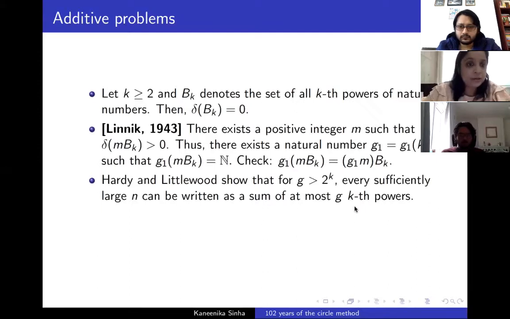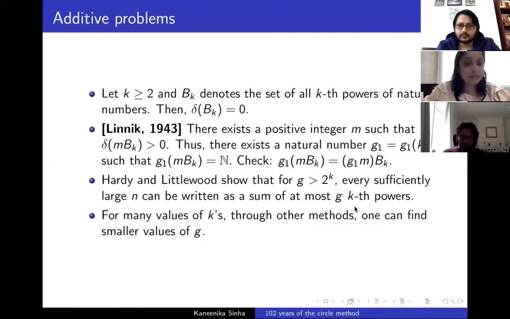Okay, so then the question is, what kind of bounds can we give to these values g1 m? Hardy and Littlewood showed that if G is something greater than 2 to the k, then every sufficiently large n can be written as a sum of at most G number of kth powers.